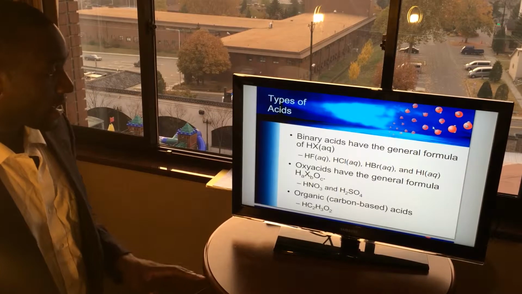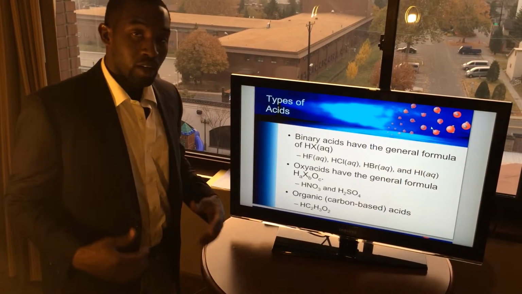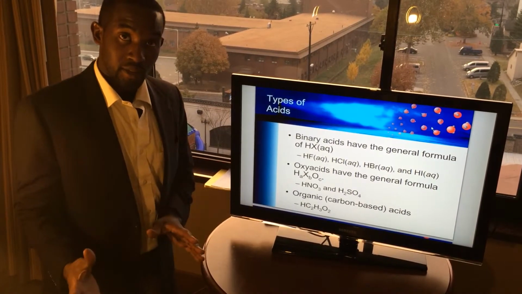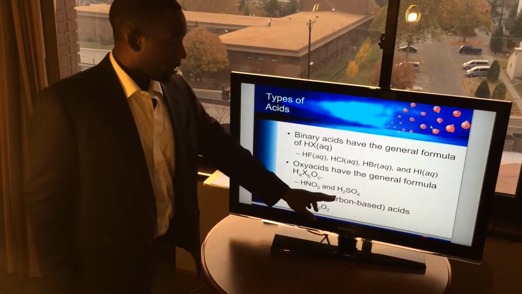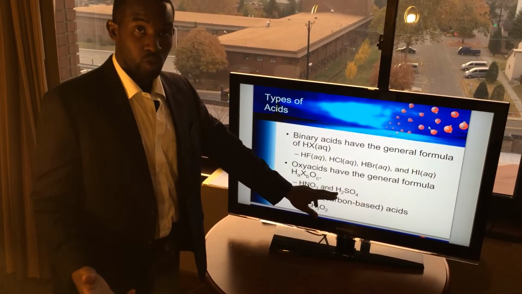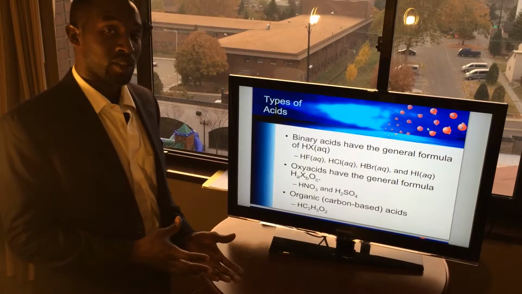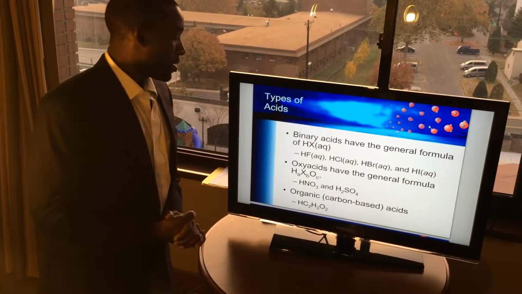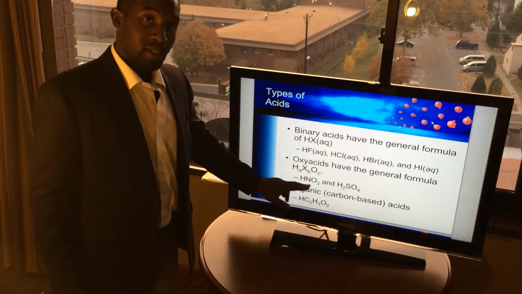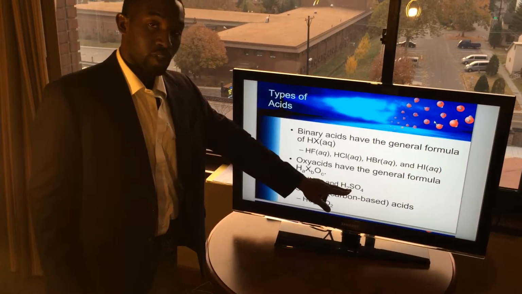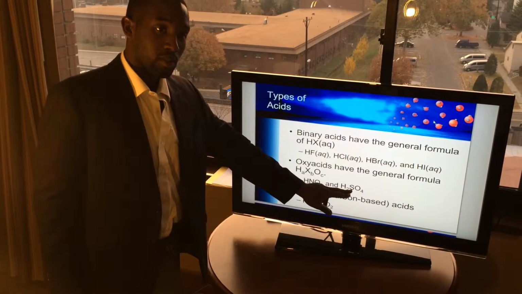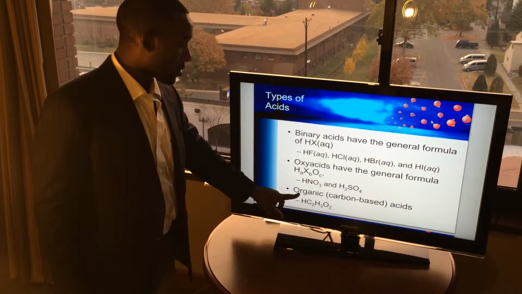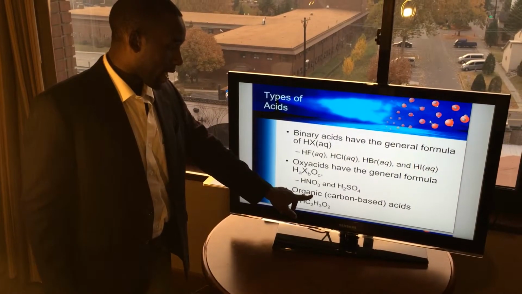So oxyacids basically are -ates, are compounds which have oxygen within them that become neutral by adding extra hydrogen ions. Alright, so this is nitric acid and sulfuric acid. This is sulfuric acid.